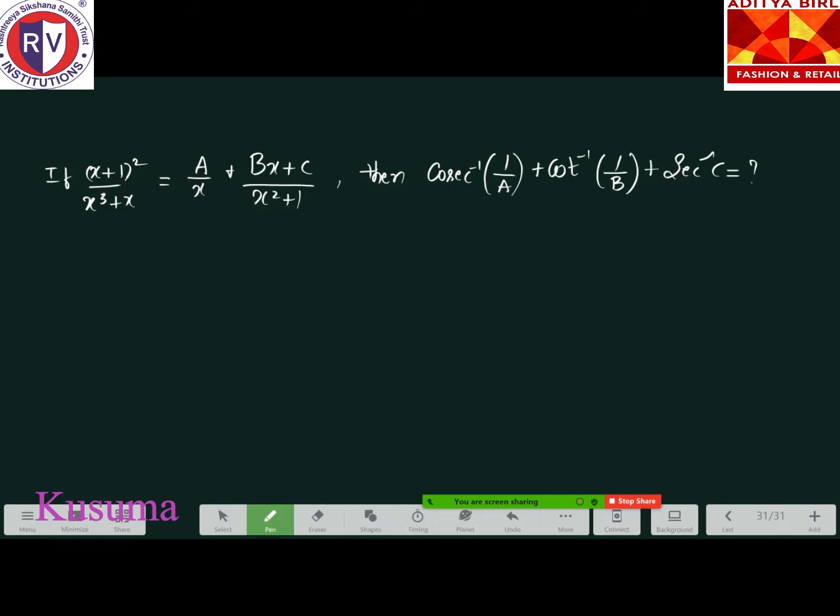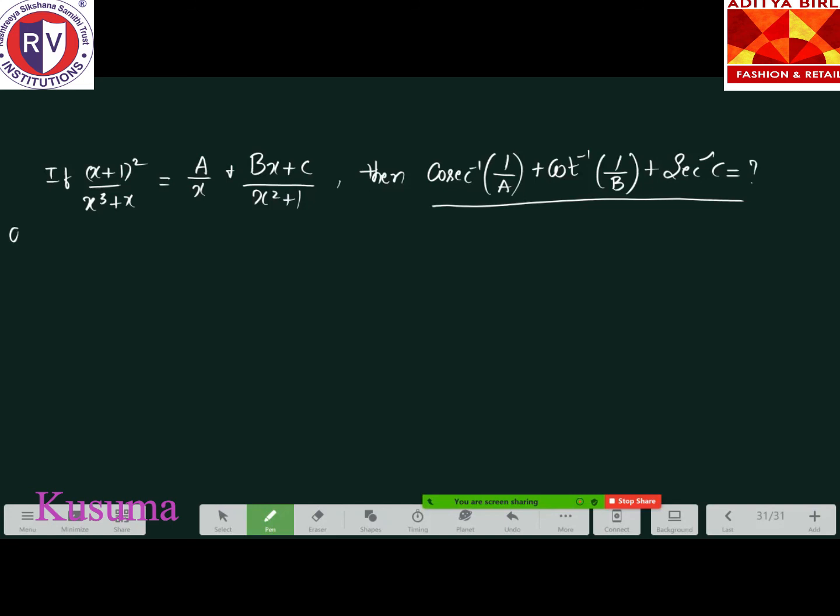So here (x plus 1) whole square by x cube plus x is resolved into partial fractions, that is a by x plus (bx plus c) divided by x square plus 1. We have to find out the value of a, b and c and then see what happens to this. That is cosecant inverse of 1 by a plus cot inverse of 1 by b plus secant inverse c.